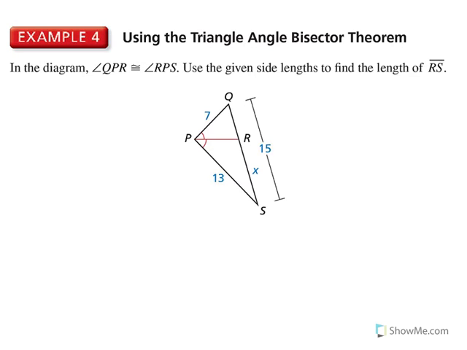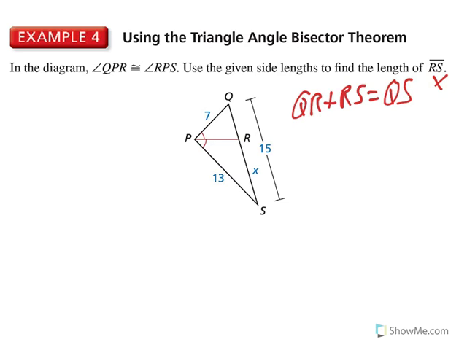So here I have this statement. It says in the diagram, QPR is congruent with RPS. So it says use these given side lengths to find the length of RS. Okay, so they already have the X there for us in RS in our diagram. So if I want to compare my sections, let's first think about what QR would be. If we think about segment addition, QR added up with the other part of it, RS, would equal the total of QS, correct?